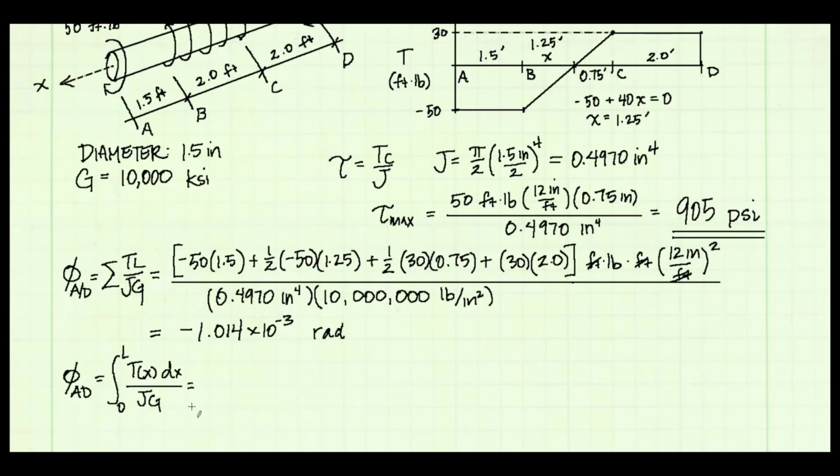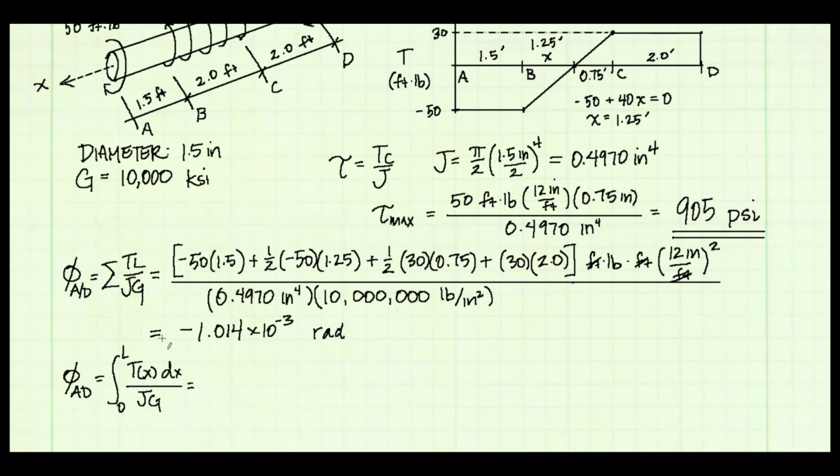I want to resolve the angle of twist using the integral form. Now in this problem, J and G are constants, so they can be pulled outside of the integral, but internal torque is changing along the length of the shaft, so we will write torque as a function of x.